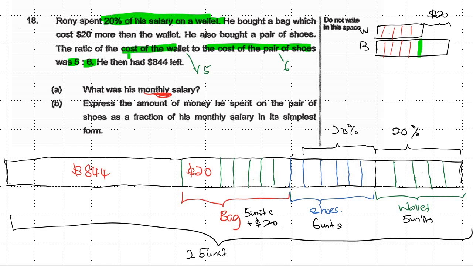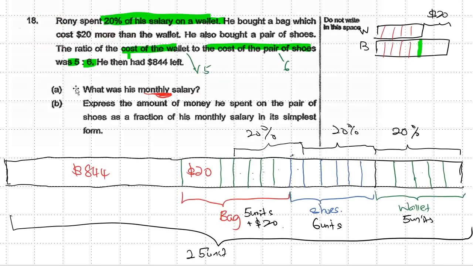You draw another 5 here, 1, 2, 3, 4, 5, so here is another 20%. If you count 20%, 40%, 60%, that is 15 units.